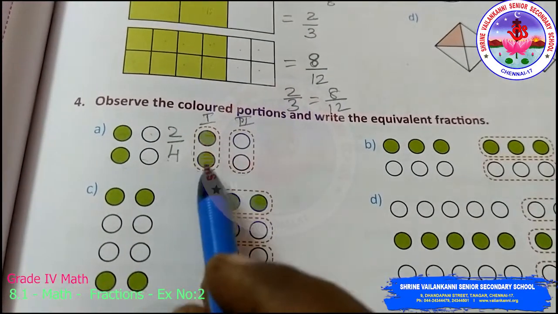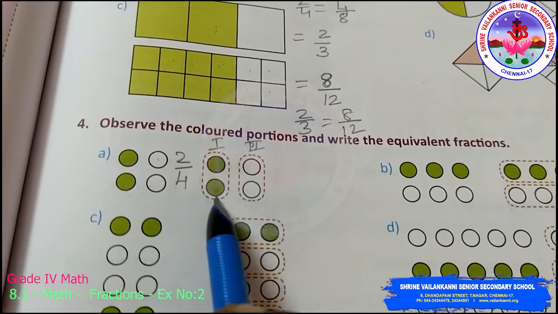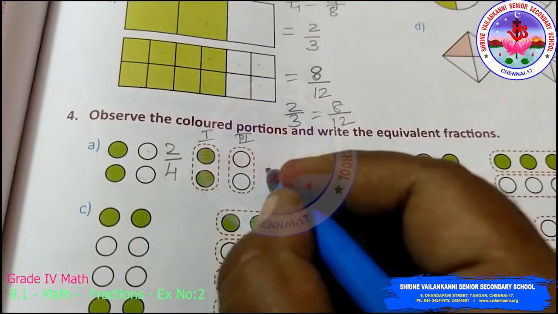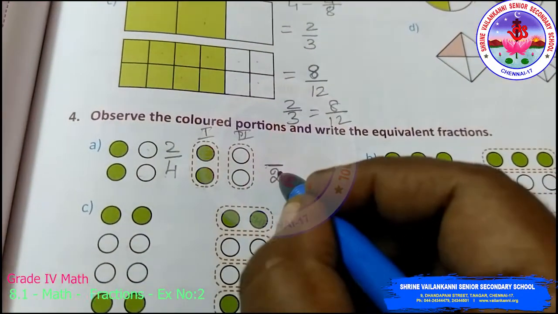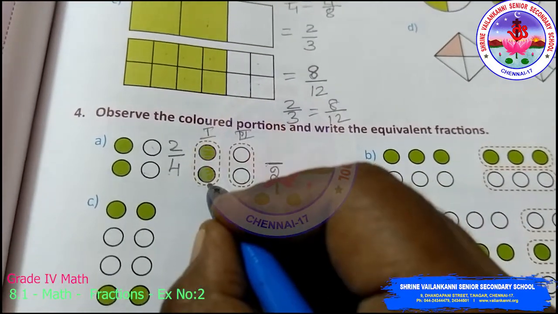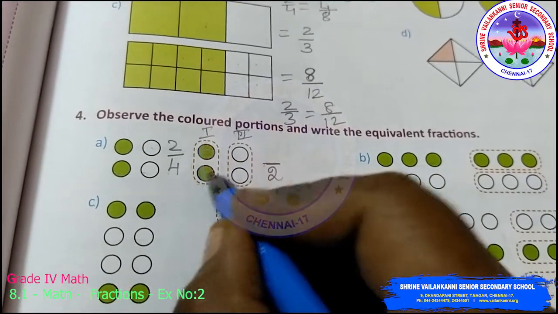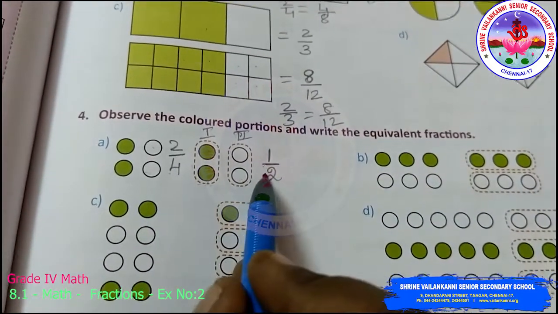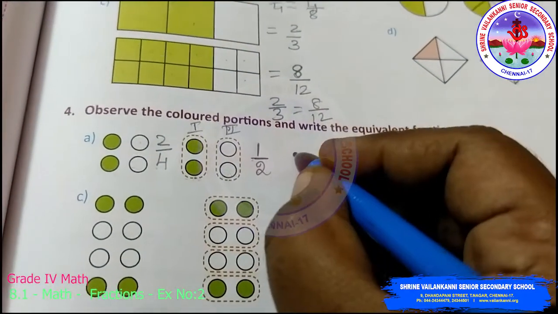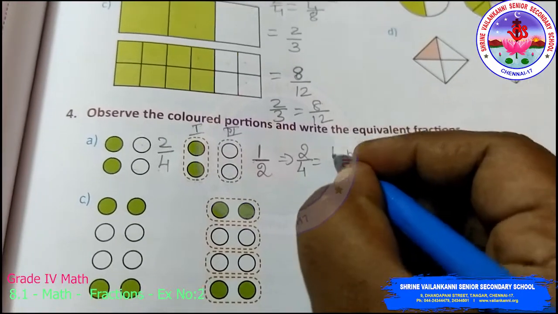Each dotted circle is considered as one group or one part. So here how many groups are there? 2. That is 2 parts. Among 2 parts, how many parts are colored? Only one part is colored, which is 1 by 2. That means 2 by 4 is equal to 1 by 2.